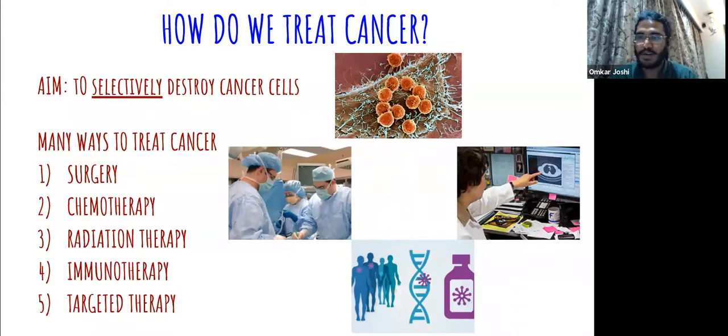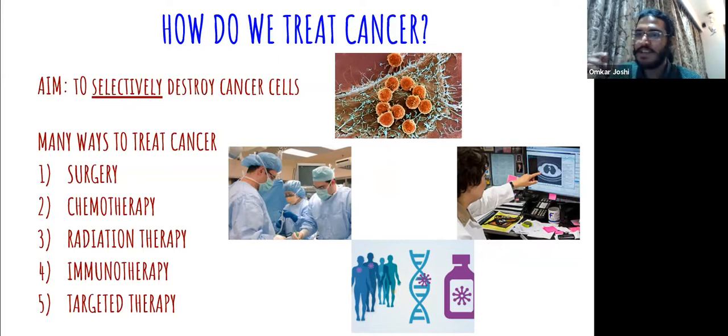The other way to do it, and this is usually applied when the cancer has metastasized a little bit, is chemotherapy. Now, chemo means chemicals, right? So chemotherapy basically means you inject chemicals or drugs in the body, which will prevent the growth or the division of cancer cells.